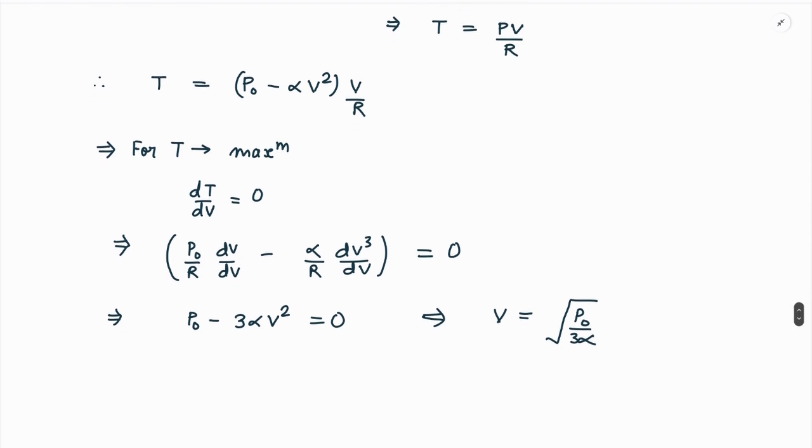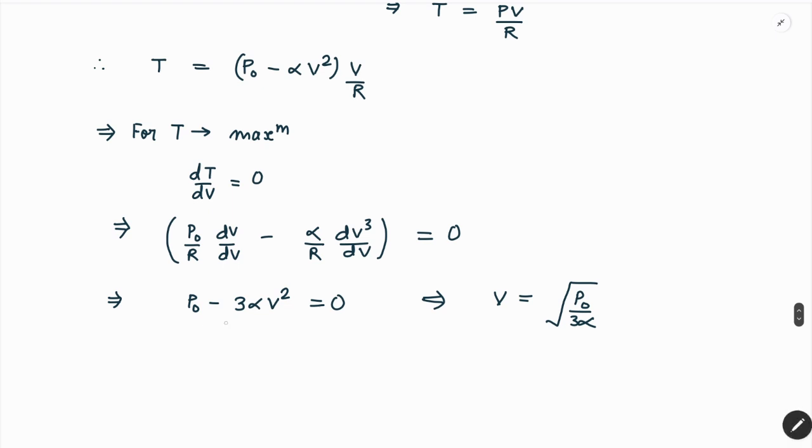Now if we check the second derivative, that is d square T by dV square, so on calculating the second derivative, we are getting the value minus 6 alpha V. If P naught is a constant, then we are getting the value minus 6 alpha V, and we can say that this value is turning out to be negative.